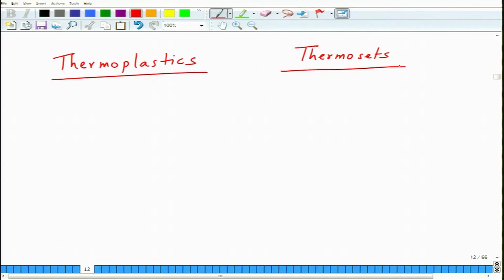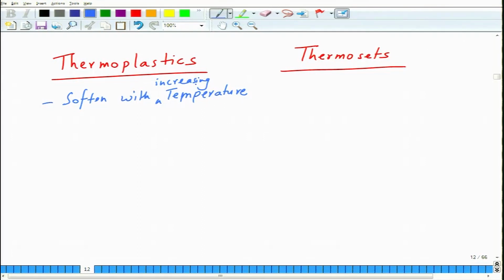Thermoplastics can be softened. They soften with increasing temperature.